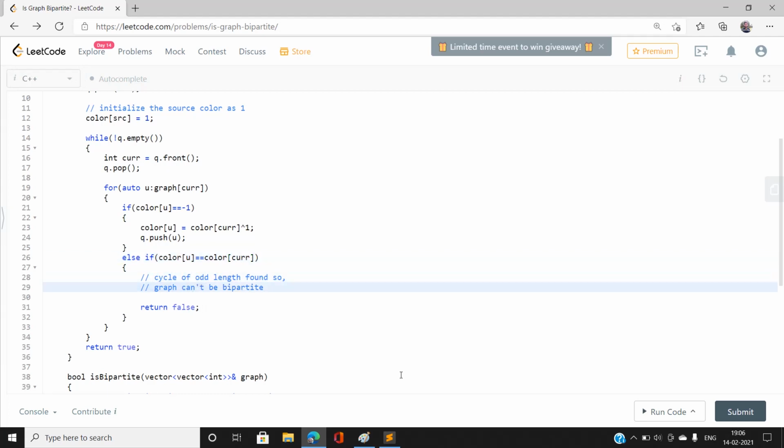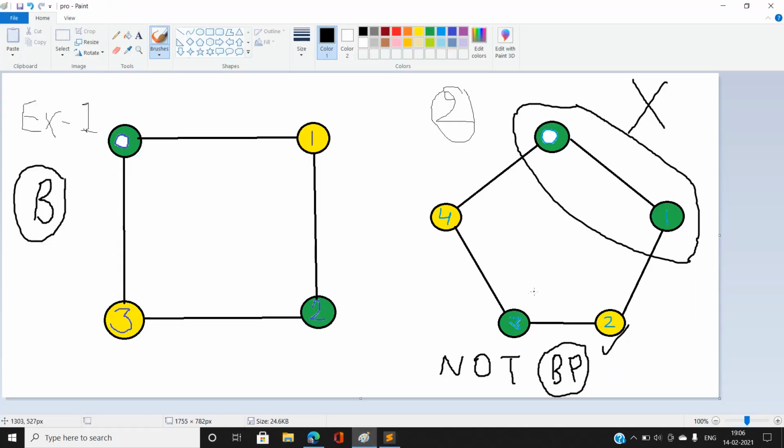Note that it is exactly the same. Suppose I have encountered 1, and I am going to check the neighbors of 1, that is 0 and 2. Note that 0 is already colored. So I am going to check if zero's color, which you can see is green, and 1's color is also green, that is, the colors of both match.